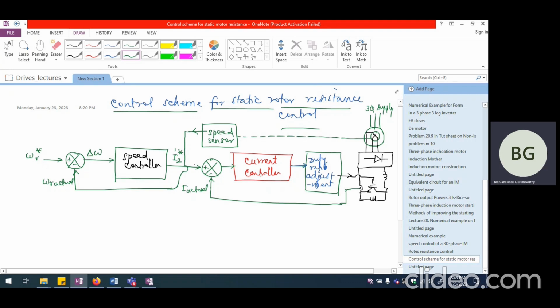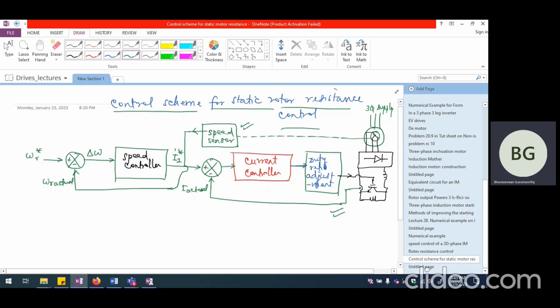So this is the way generally the rotor resistance control scheme is going to be designed, and all we need is only one current sensor, and even the speed can be sometimes computed, so we don't even have to have the speed sensor here. Speed can be computed based on maybe the applied current and the frequency and so on.